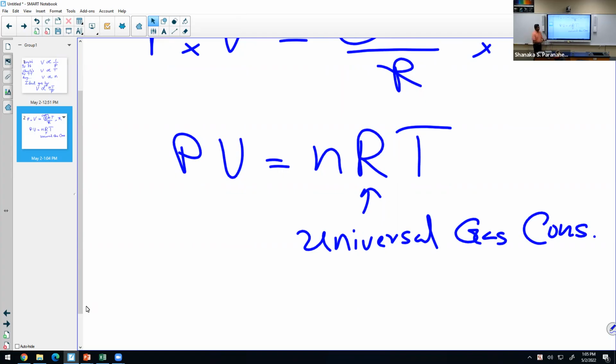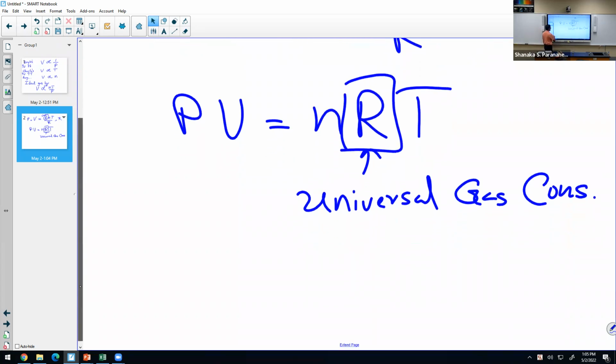In this equation, we can identify the variation of pressure, volume, number of moles, and temperature, all 4 variables in the same equation. It's related by a constant, the universal gas constant. So let's go through the possible units for R. I'm going to rearrange this equation again.